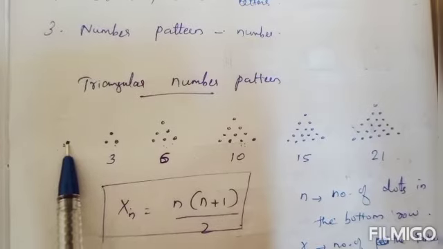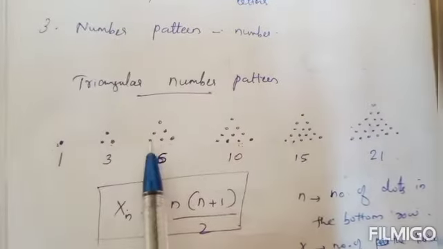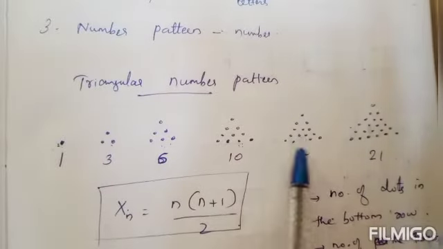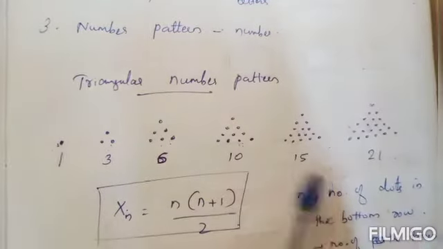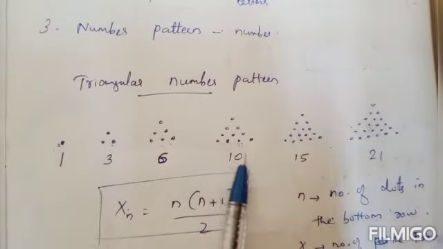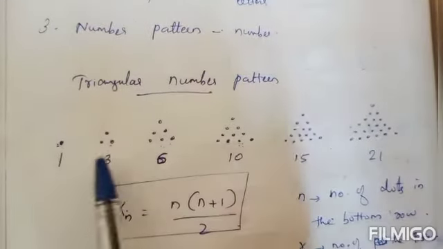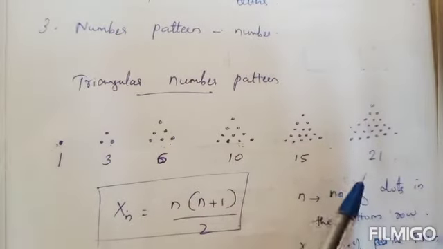Here 1 dot, here 2 dots, here 3, here 4, here 5, here 6. So as we go on, the number of dots in the bottom row is increasing by 1. Here 1, 2, 3, 4, 5, 6, 7, etc. It will go on like that.